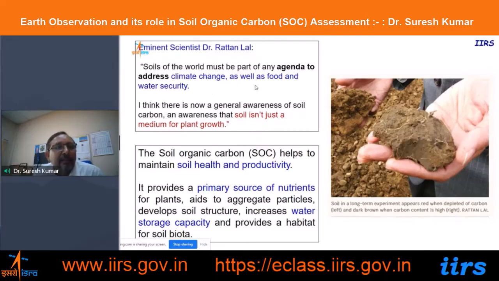He says that earlier we used to think that soil is just a medium for plant growth, but today I can say the soil is an important part, the main engine of our ecosystem services.